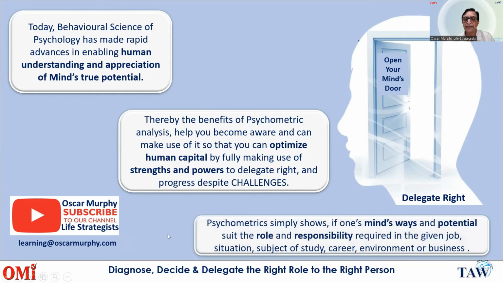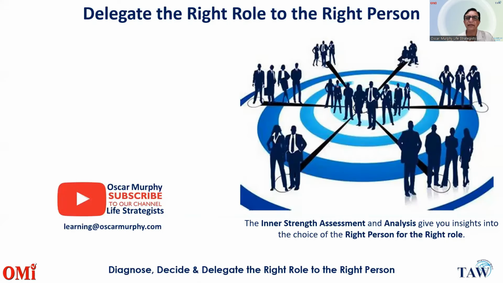Psychometric simply shows if one's mind or one's mind's ways and potential suit the role and responsibility required in that given job, in that given situation, or the subject of study, career, environment, or business. And that's the beauty. Delegate the right role to the right person.